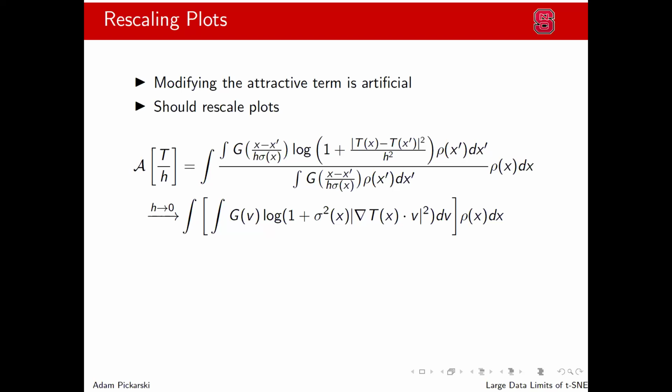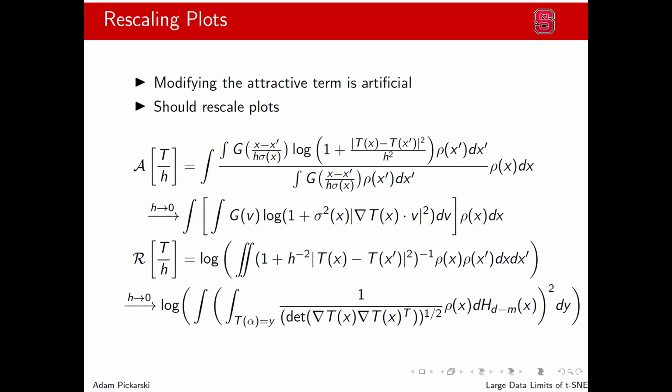So this log, which seemed to be really important from a qualitative perspective on those plots of the forces, does not go away. And in addition, the repulsive term becomes completely localized because txi is only contributing to txj if it's order h and h is going to 0. So this starts to look like a Dirac mass.